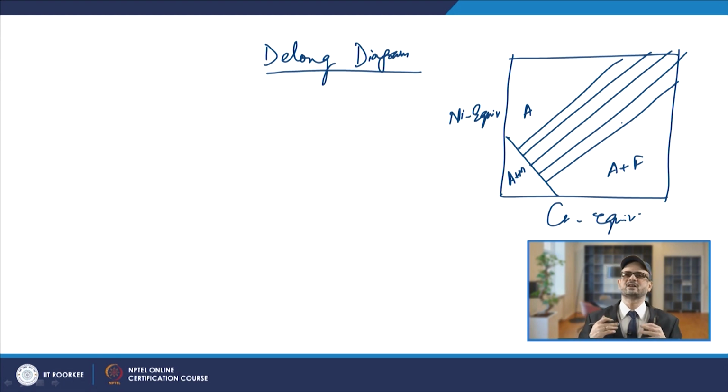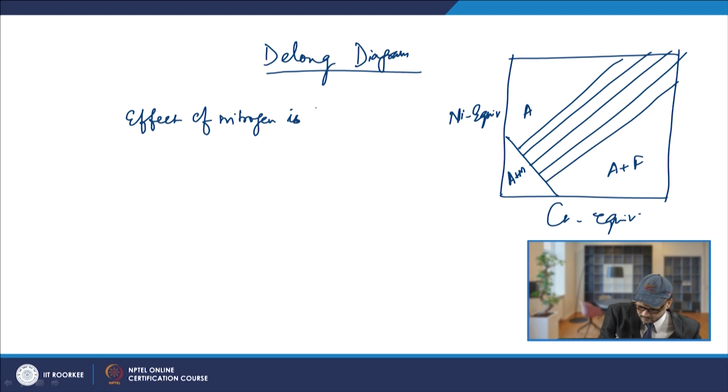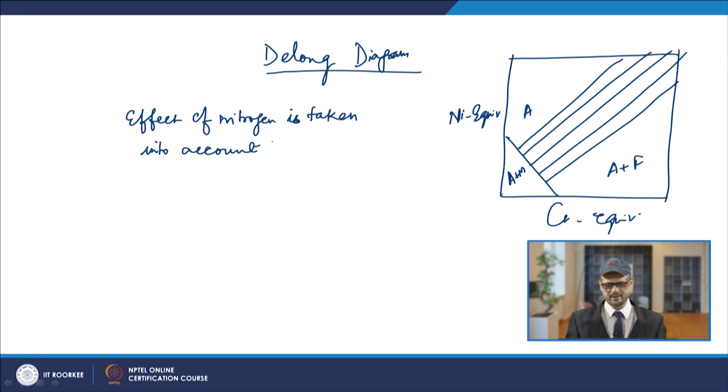In this case, as discussed, the effect of nitrogen is taken into account, because of its effect on the phase balance of austenitic stainless steel. That is the purpose.